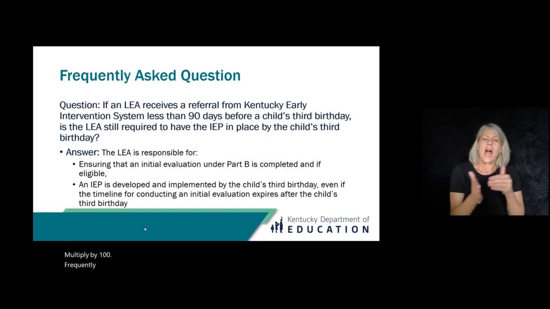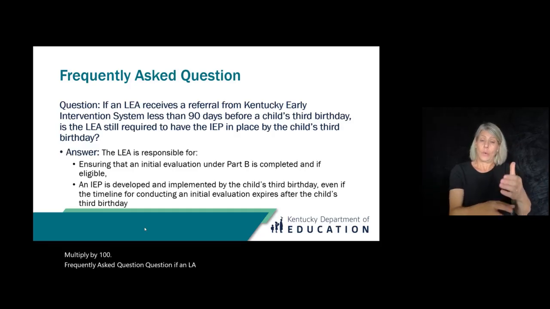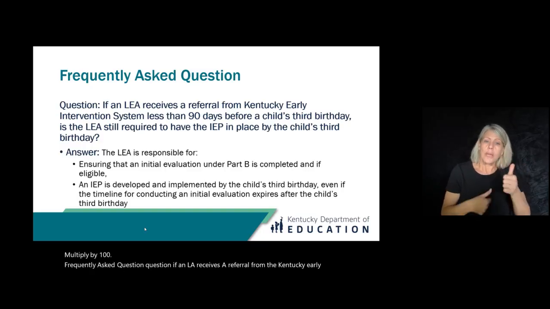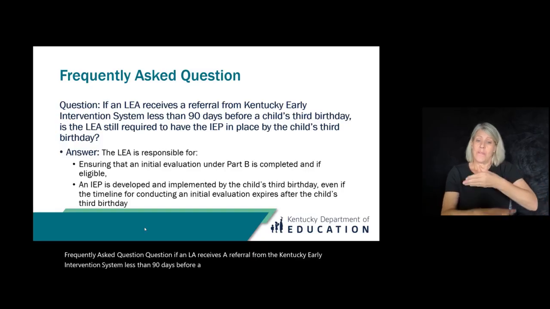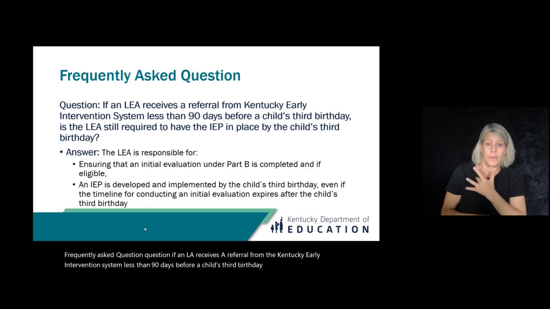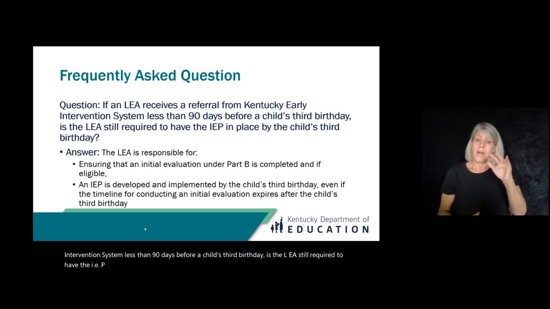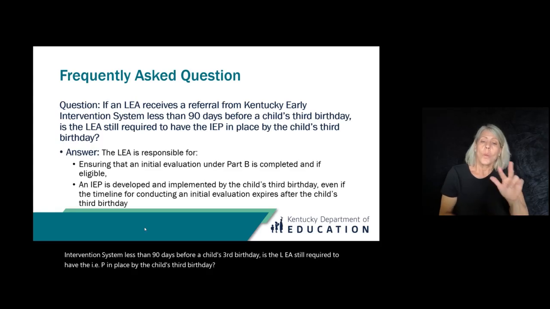Frequently asked question. Question. If an LEA receives a referral from the Kentucky Early Intervention System less than 90 days before a child's third birthday, is the LEA still required to have the IEP in place by the child's third birthday?